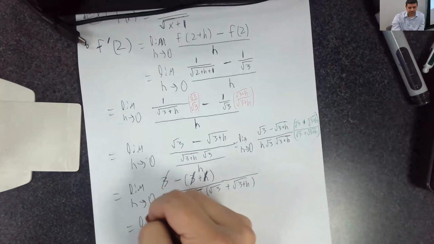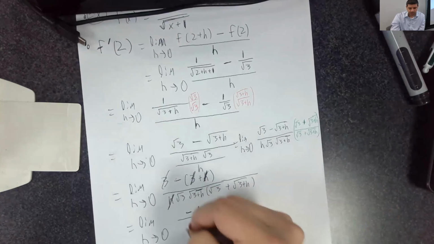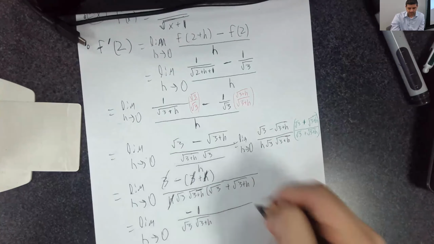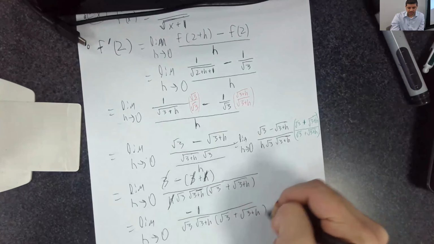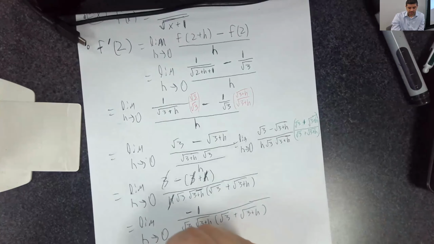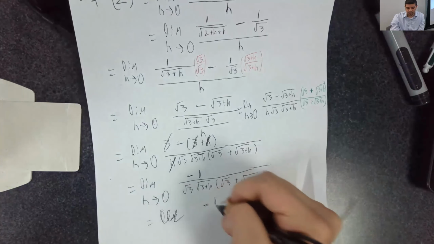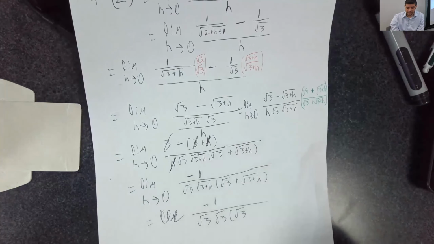All I'm left with is the limit as h goes to 0 of -1 over (rad 3 plus rad 3 plus h)... no more limits. Because once I have the cancellation, I can just plug in h equals 0. -1 over rad 3 times rad 3 plus rad 3.